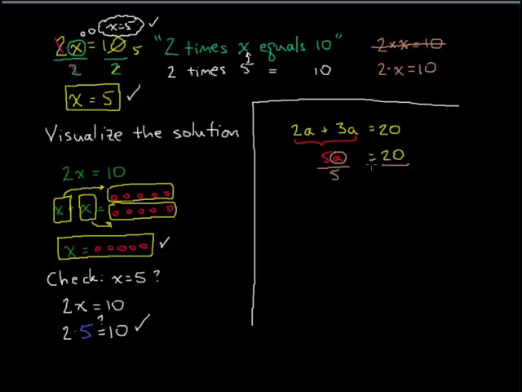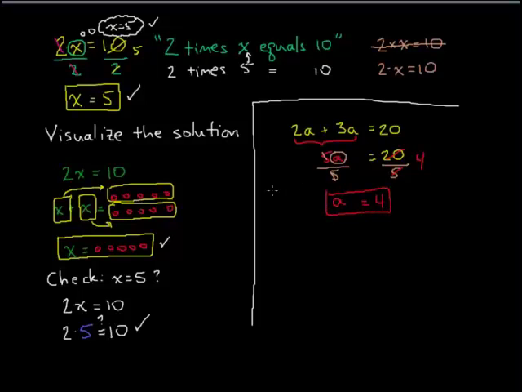So we divided by 5 on the left side of the equation, so we want to divide by 5 on the right. So now these 5's on the left cancel out, and we're left with a all by itself. That's good news. And on the right, 20 divided by 5 is equal to 4, and we end up with a equals 4.